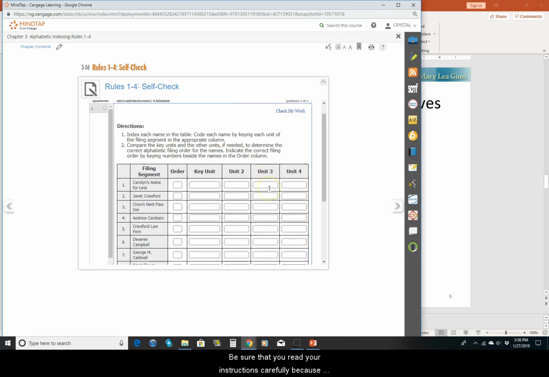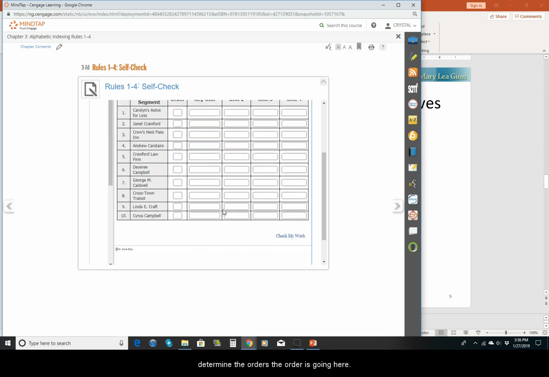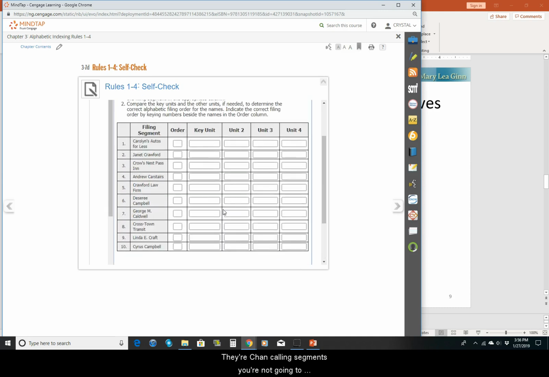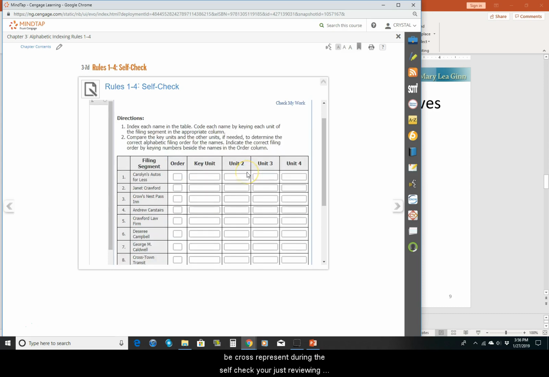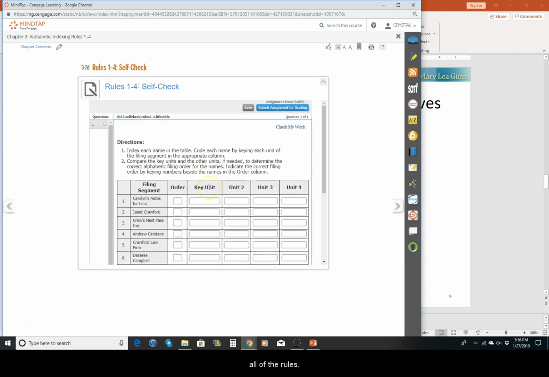Be sure that you read your instructions carefully, because first of all you're going to index and code the names, and then you're going to compare the key units and determine the order. So order is going here. Okay. So there are 10 filing segments. You're not going to be cross-referencing doing this self-check. You're just reviewing all of the rules.